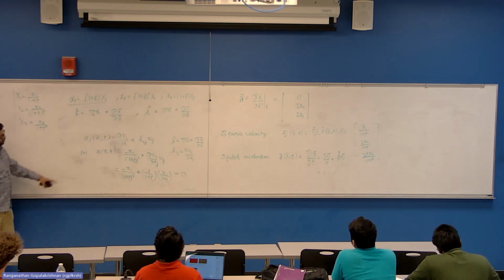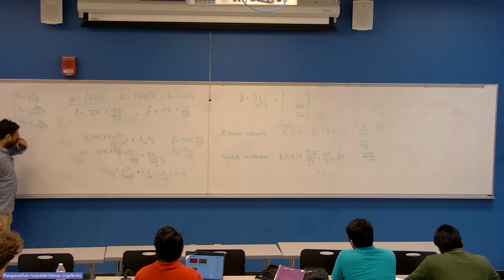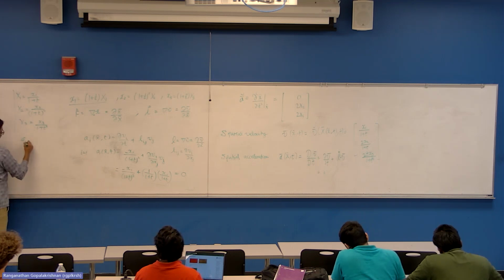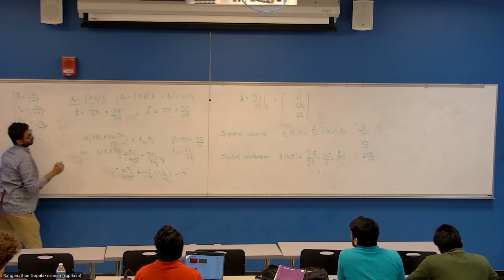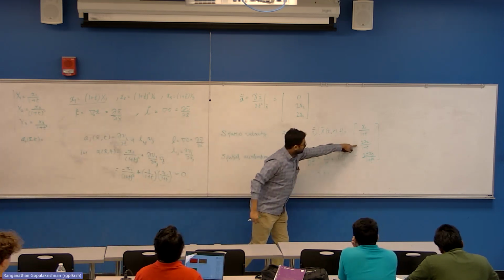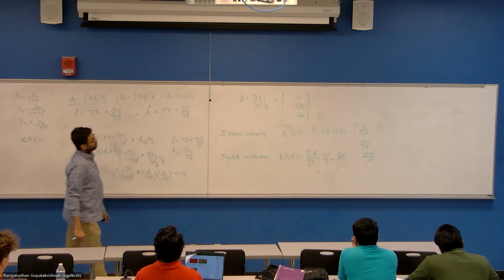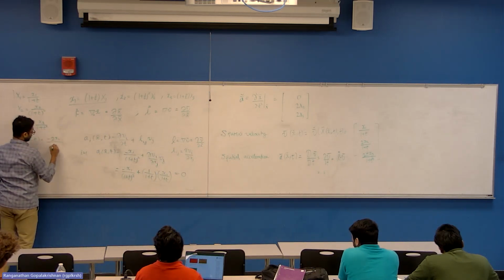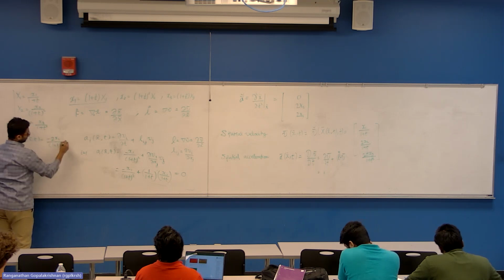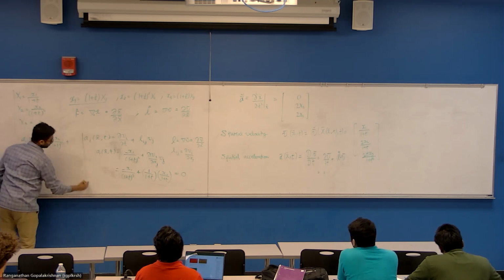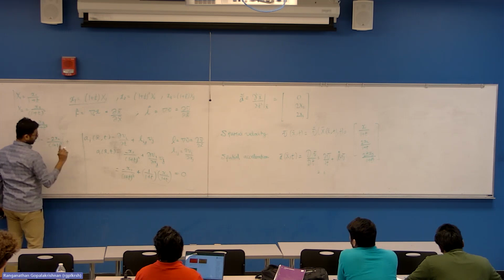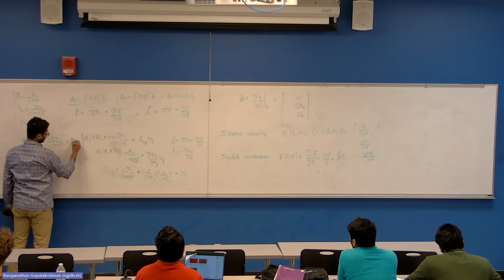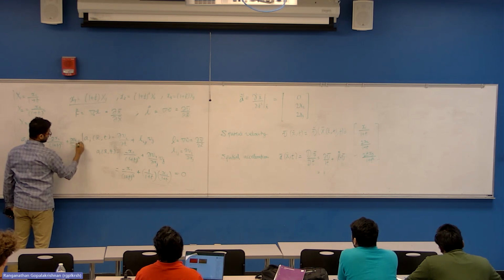So A1 is 0. What about A2? A2 of x comma t is the partial derivative of V2 with respect to time, which is minus 2x2 over (1 plus t) squared, plus partial V2 over x_j multiplied by V_j.